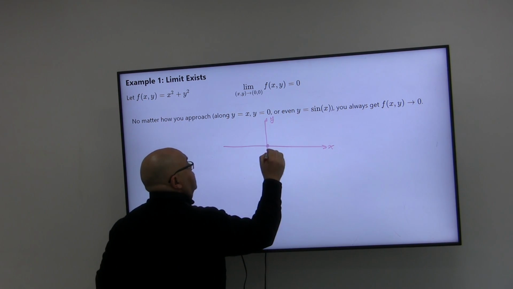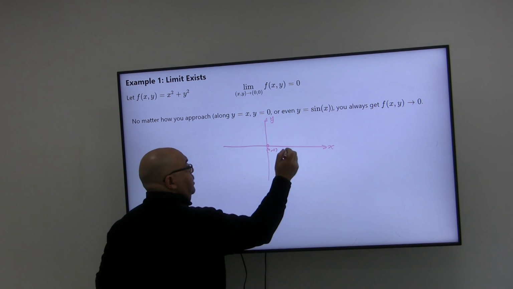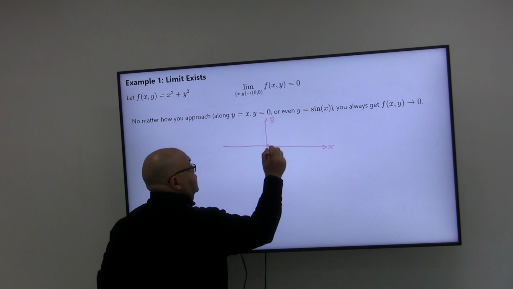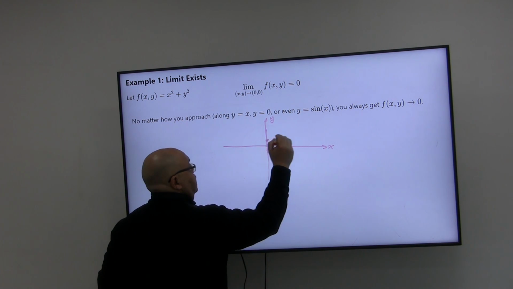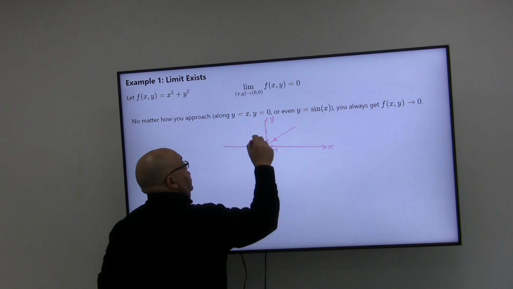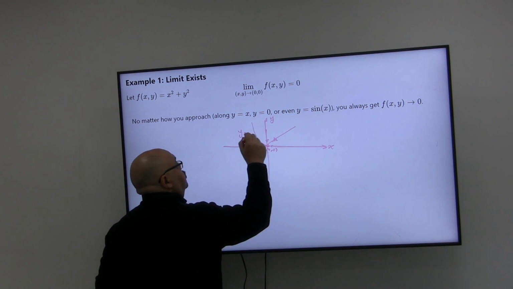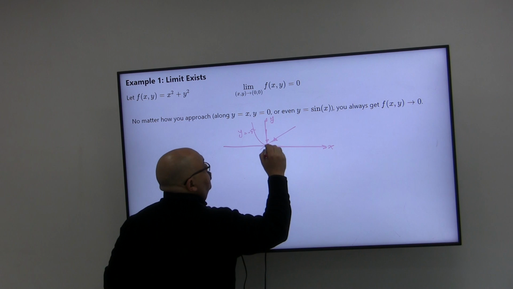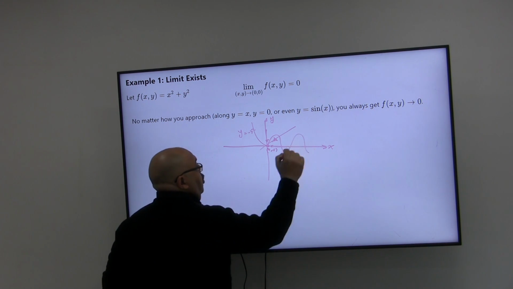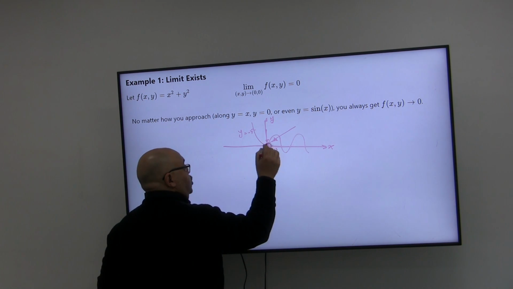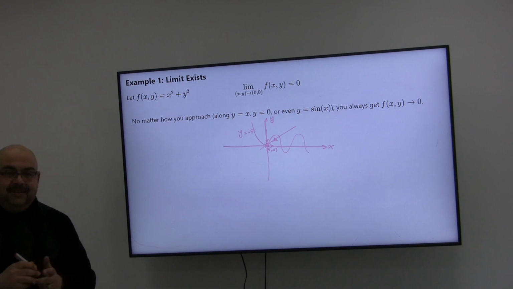This is the point 0 and 0. I can approach this point in 2 dimensions through the x axis, through the y axis, through y equal to x, through y equal to negative x squared, through y equal to sine of x. All of them will approach this value at 0. This is what I mean.